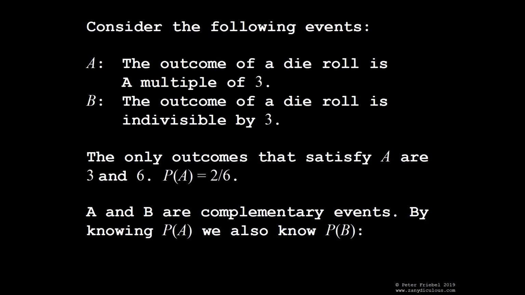By knowing the probability for A, we also automatically know the probability for B. Because the probability for A plus the probability for B must be 1, and that means that the probability for B is 1 minus the probability for A, and that is 4/6.